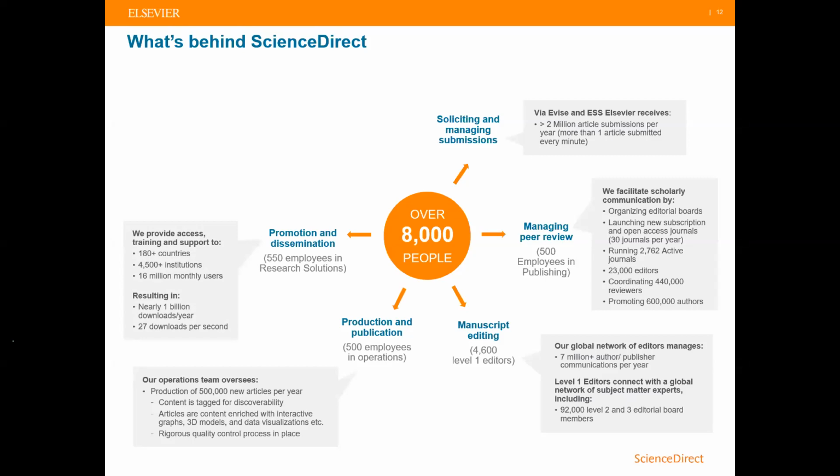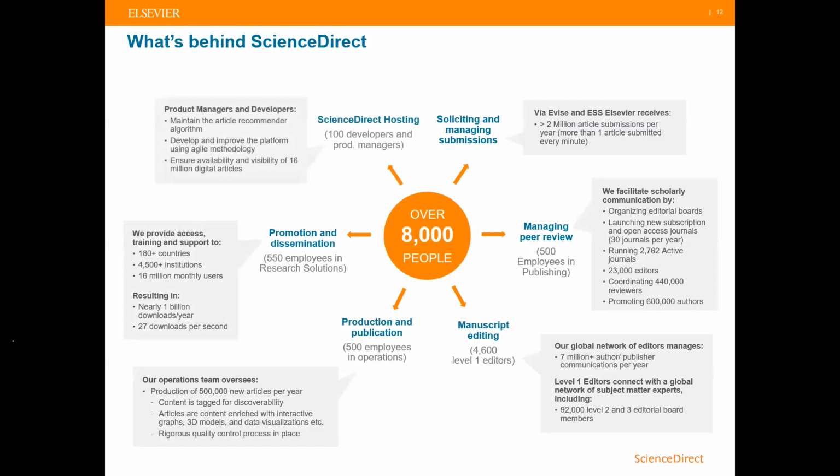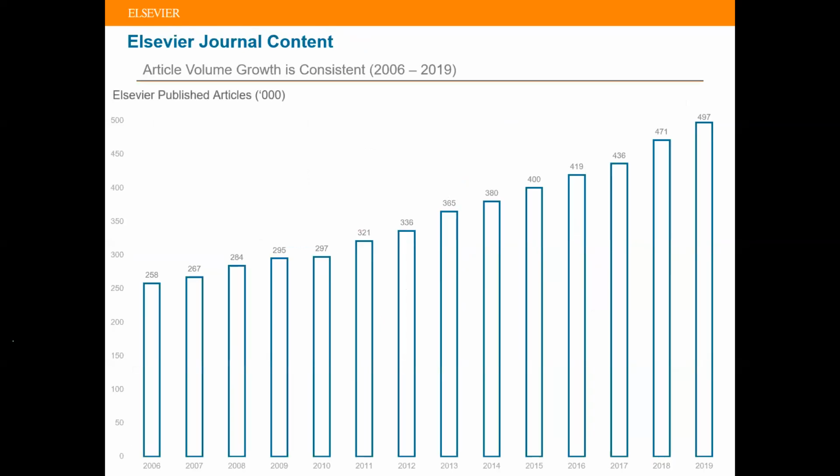And this enables us to reach over 16 million monthly users from over 4,500 institutions from over 180 countries. And this is how we are able to manage a content of up to 16 million digital articles.